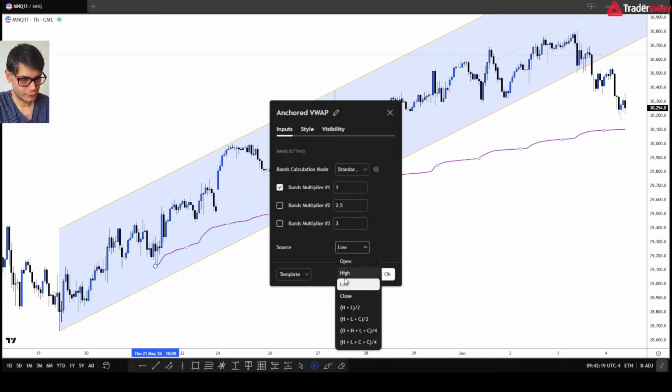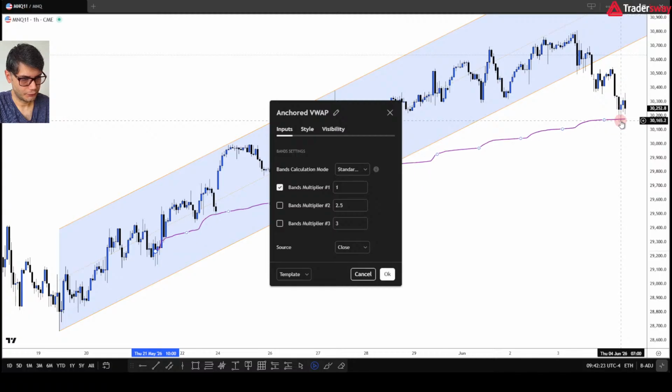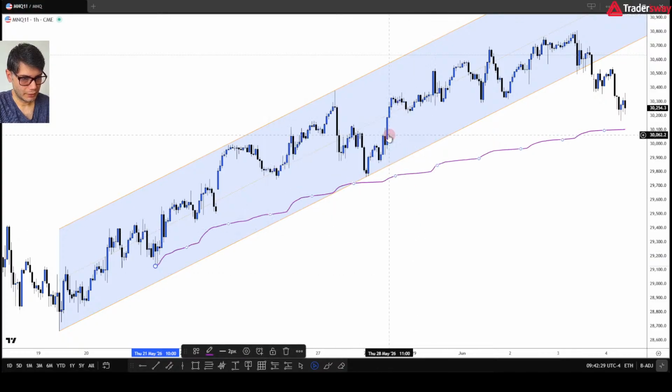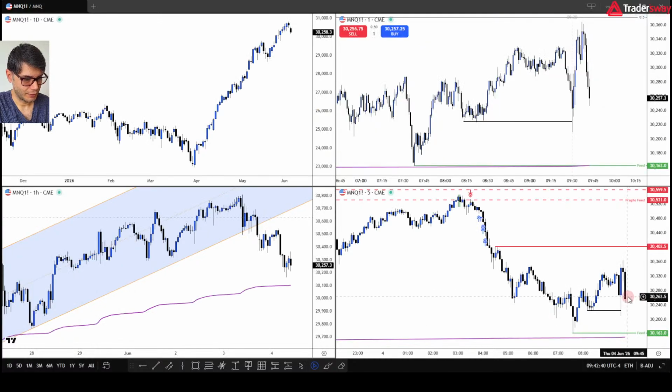If I set it to close, I guess it would give the same price as here. Let's wait for it to update. Yes. So we are on support, and on that support we also have one inefficiency here that's above this breakout. That's why I suspect the price can potentially at least go a bit higher.